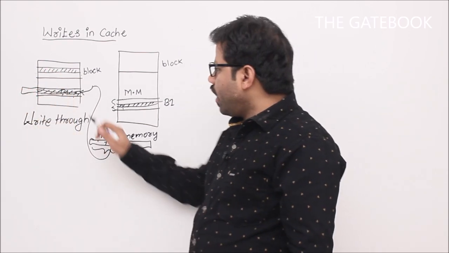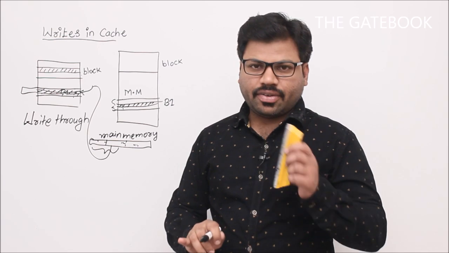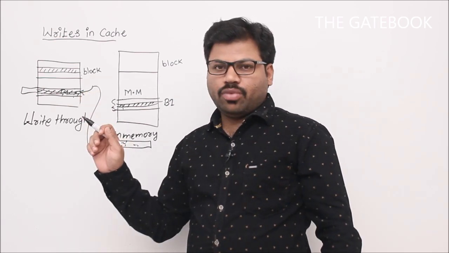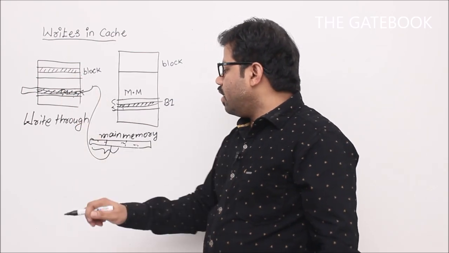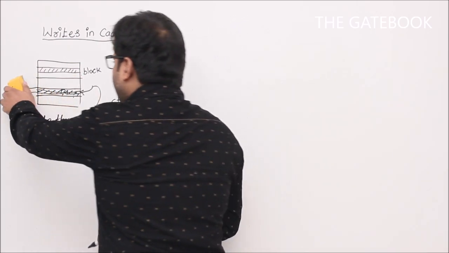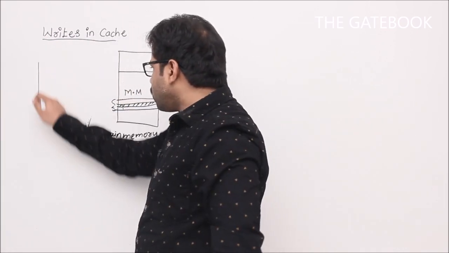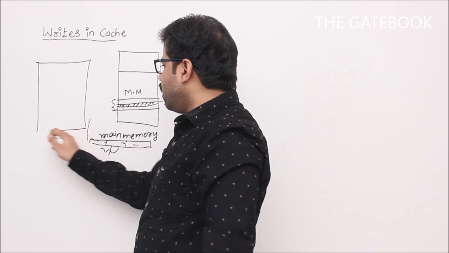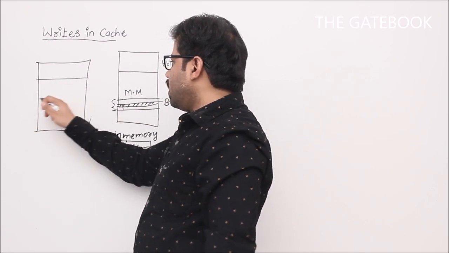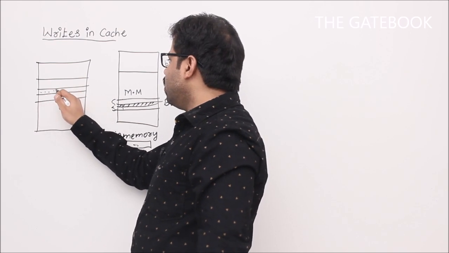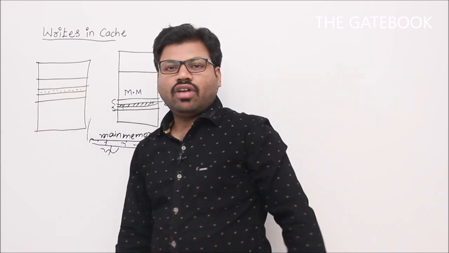After that, let's say finally you realize that there is a hit. Whenever there is a cache hit, that means your data is available in the cache. Then you write the appropriate word. I will show clearly. So this is your cache. Let's say I'm showing it in a bigger way so that we can easily understand. This is the word you want to write. This is the word which you want to update, right?